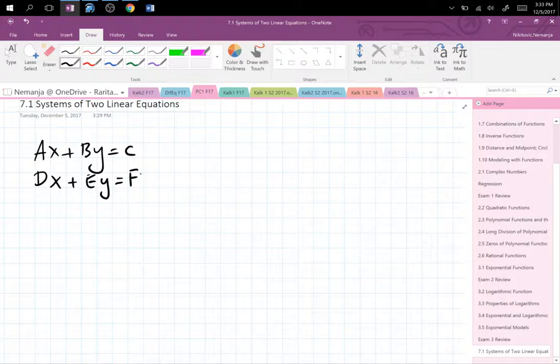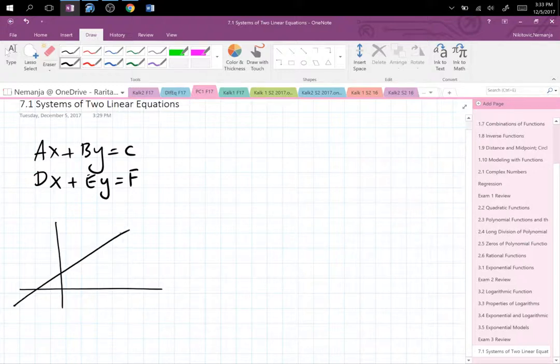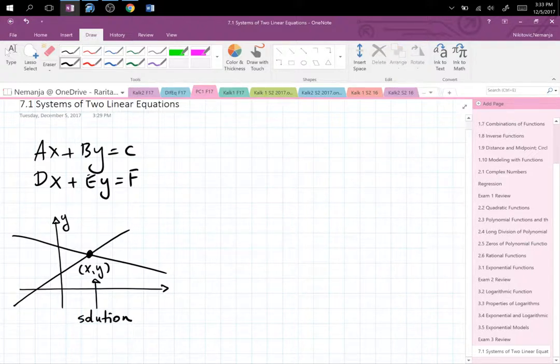So when you have two linear equations, possible configurations are that those two equations intersect. And creating that intersection point xy would be known as the solution. So it's one unique solution.